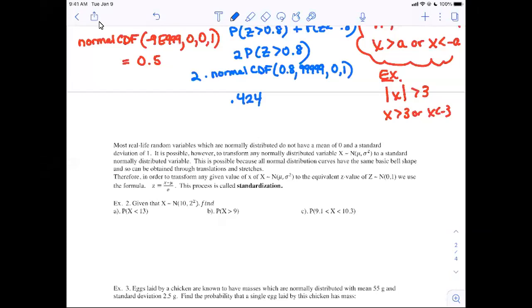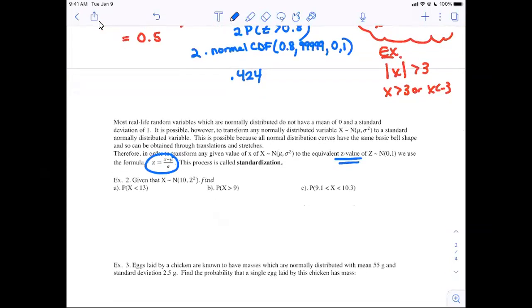This is possible because all normal distribution curves have the same basic bell shape, and so can be obtained through translations and stretches. Therefore, we can do a conversion here and use this formula. The z equals x, your given data value, minus mu, divided by sigma. This process is called standardization.